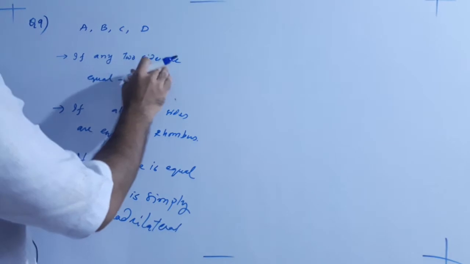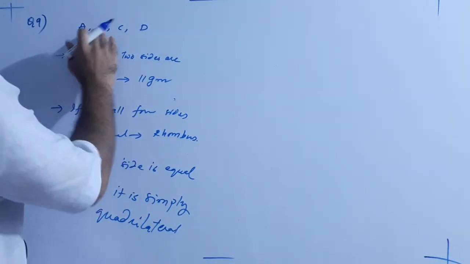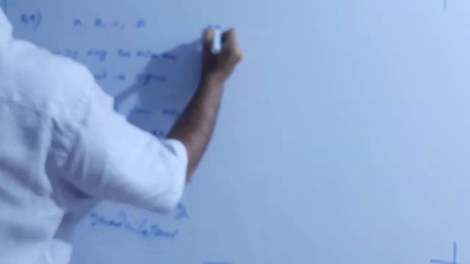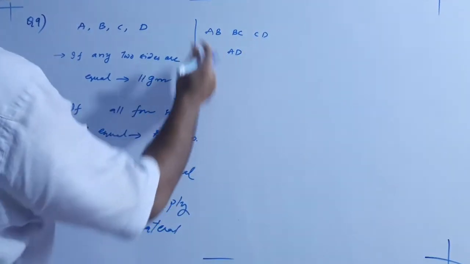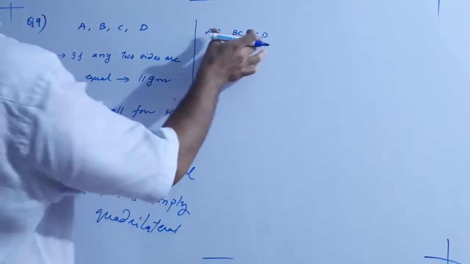How to judge whether two sides are equal? You have to find distance. All distances AB, BC, CD and AD. You have to find all the distances and check whether two sides are equal.